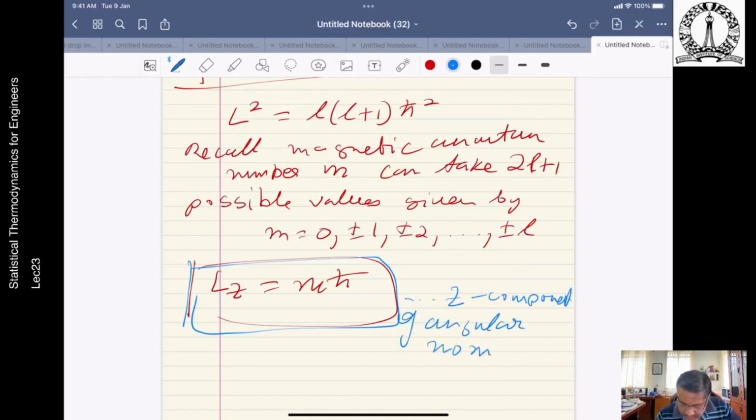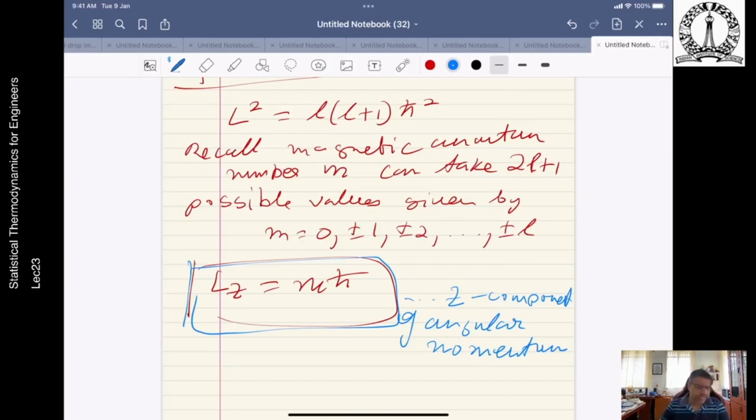This led to the quantization along the z-axis. But this time it is for atomic hydrogen. So it is the same thing: we define the z component of the angular momentum, and that is quantized in that particular way.